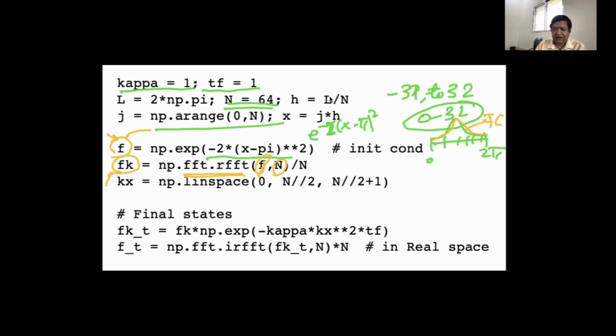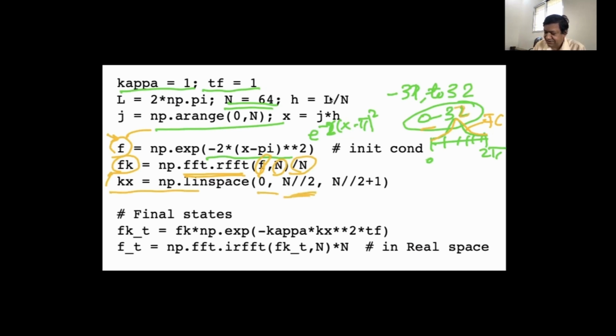Python does not divide by n, but in my definition I use 1 by n in the sum, so I need to divide by n here. That's just because of notational differences, nothing more. And kx is 0 to n by 2, which I set as 0 to 32 because my field is real.